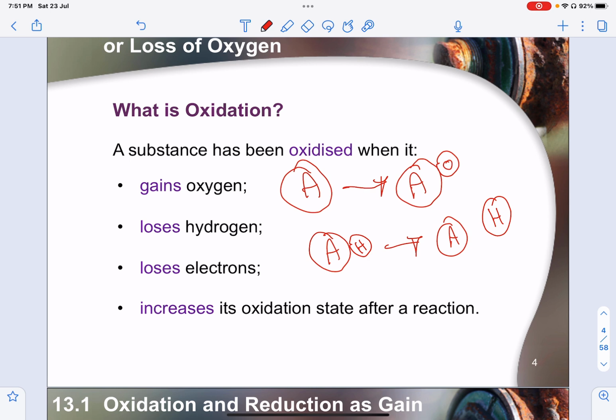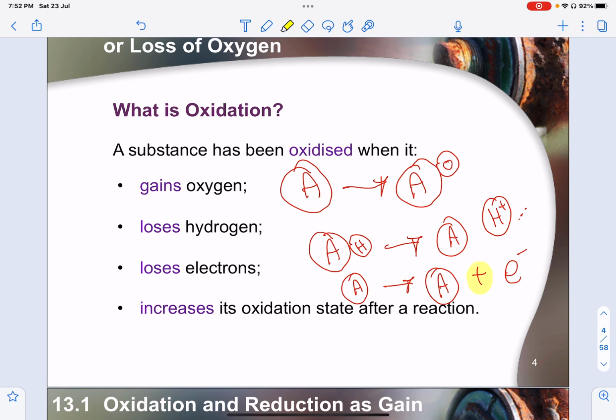Then, of course, you have loss in electron, where initially you have A, and after the reaction, you have, in a way, lost some form of electron away from you. Now, one very common misconception is that this plus would signify the gain, which is not the case.